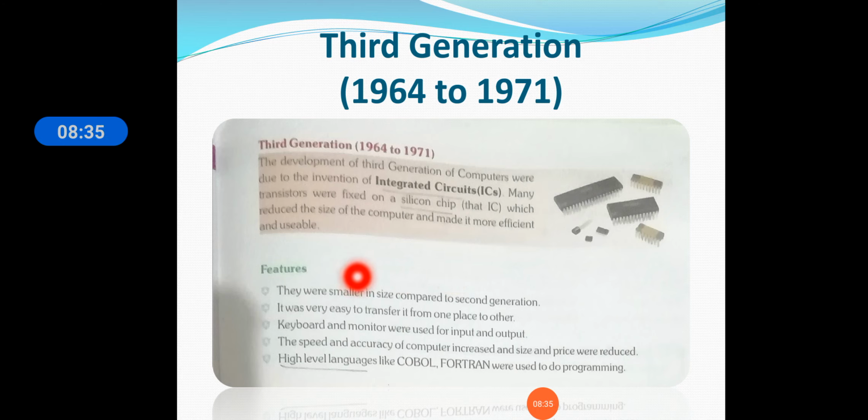It was very easy to transfer from one place to another. Keyboard and monitor were used for input and output, and the speed and accuracy of the computer increased, and the size and price were reduced. High level languages like COBOL and Fortran were used to do the programming. So this was our third generation computer.